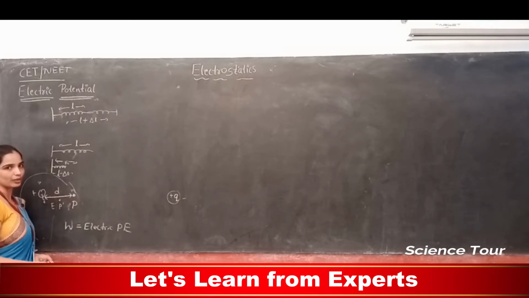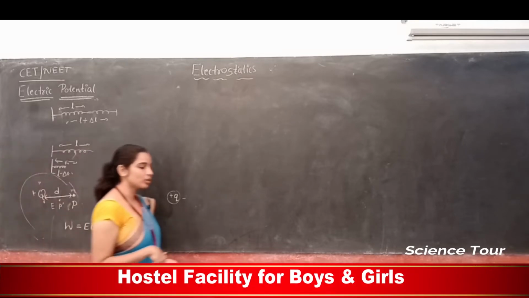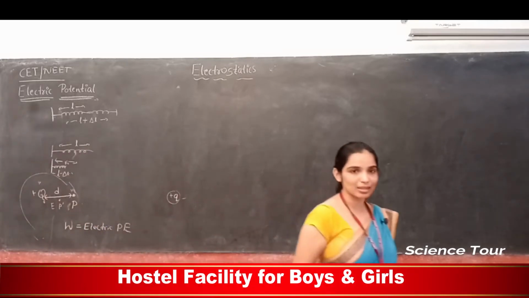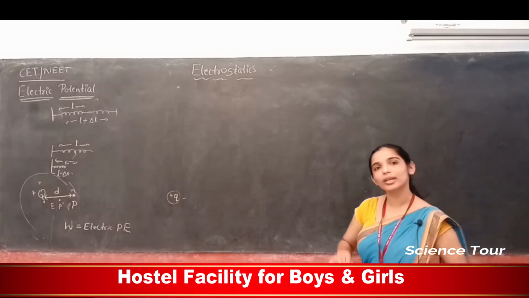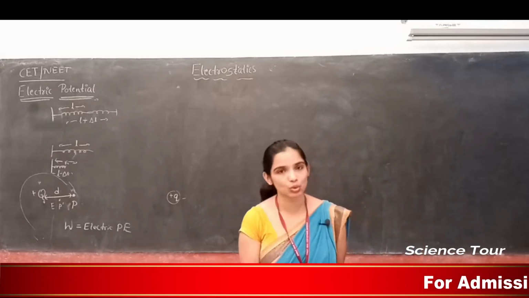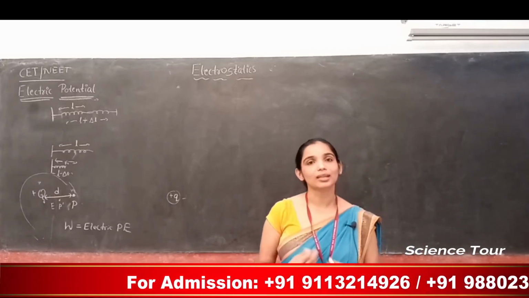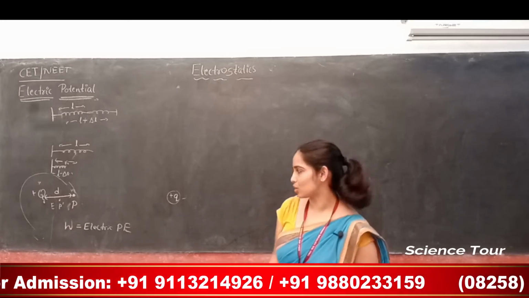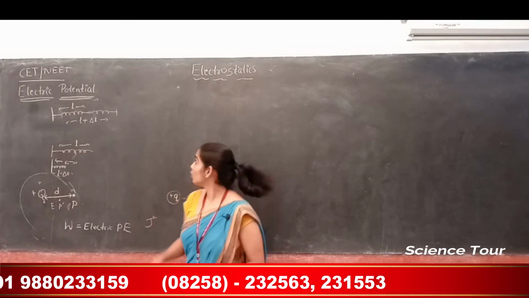It's understood, right? So the amount of work done in bringing a charge from infinite distance to a position in an electric field, or against an electric field, is nothing but potential energy. That work done will be stored as potential energy and it is measured in joules.